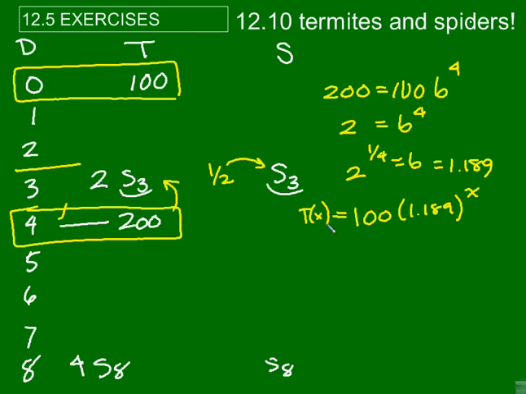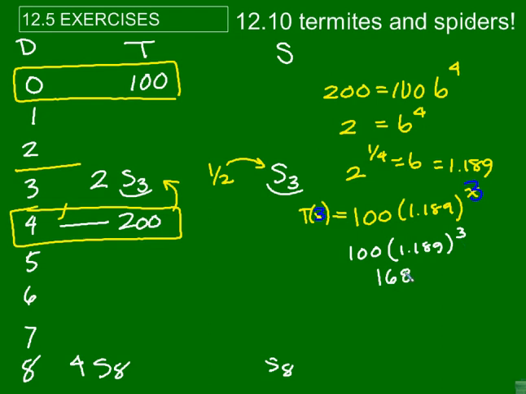Okay, now, if I want to know the number of termites on day 3, I plug in a 3. There, and I go about solving that. So 1.189 to the 3rd turns out to be 168.